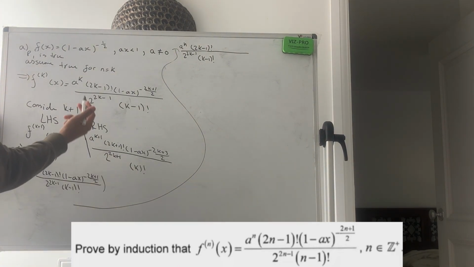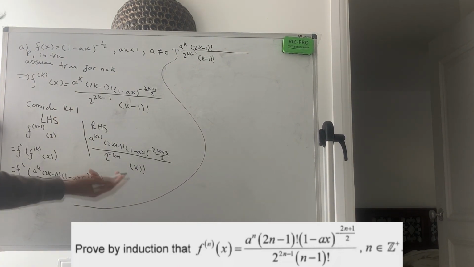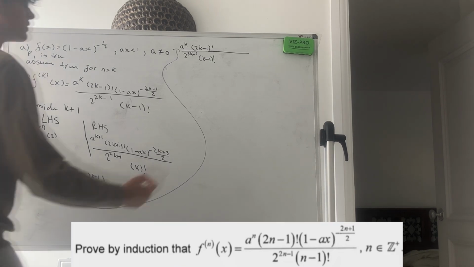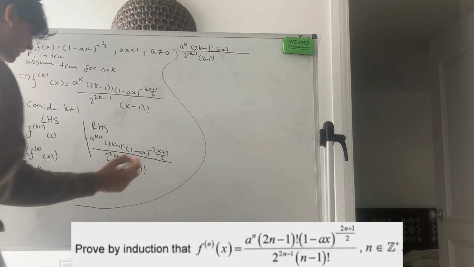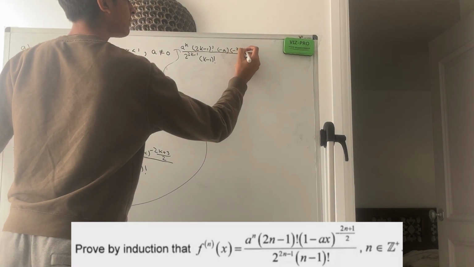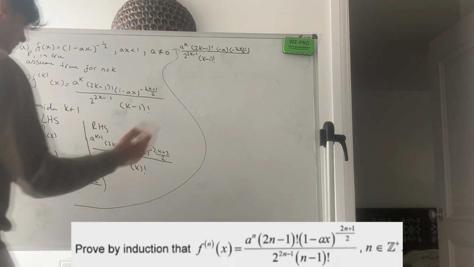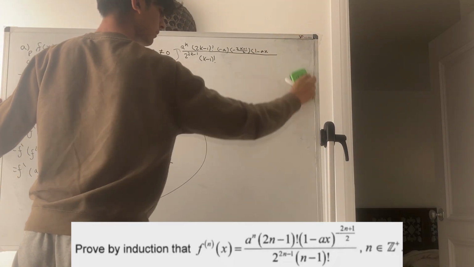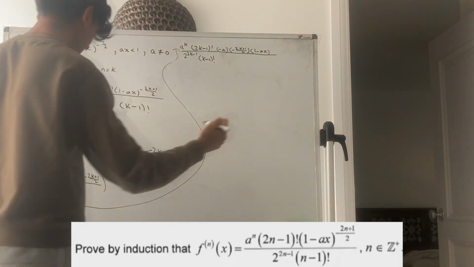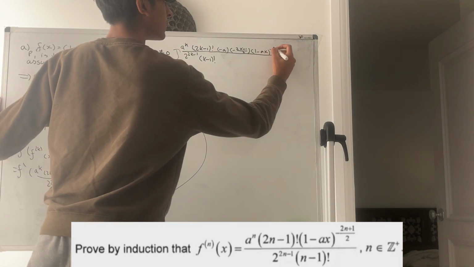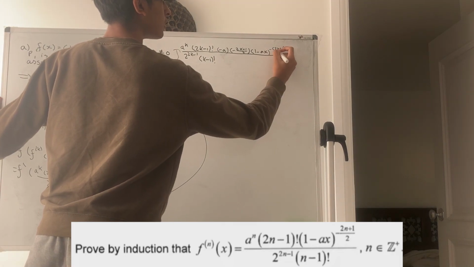multiplied by the derivative of this. Now, the way I found the derivative earlier was that I have to find, basically using the chain rule, the derivative of whatever's inside of this function. So derivative of 1 is 0, derivative of minus ax is minus a, and then it's like normal power rule, this goes down to that, times minus 2k plus 1 over 2 times 1 minus ax to the minus 2k plus 1 over 2 minus 2 over 2, which is the same thing as saying minus 2k plus 1 over 2.